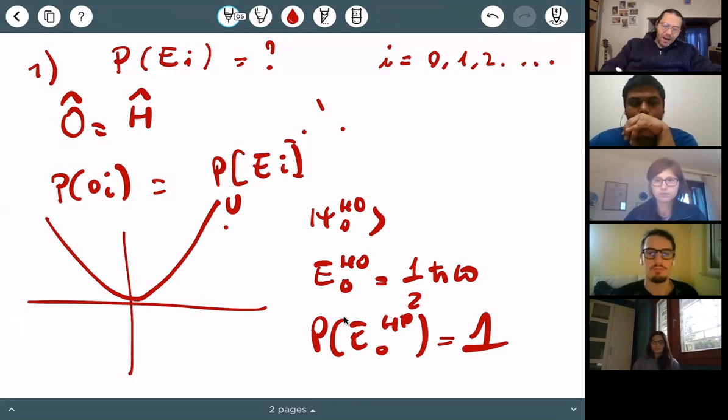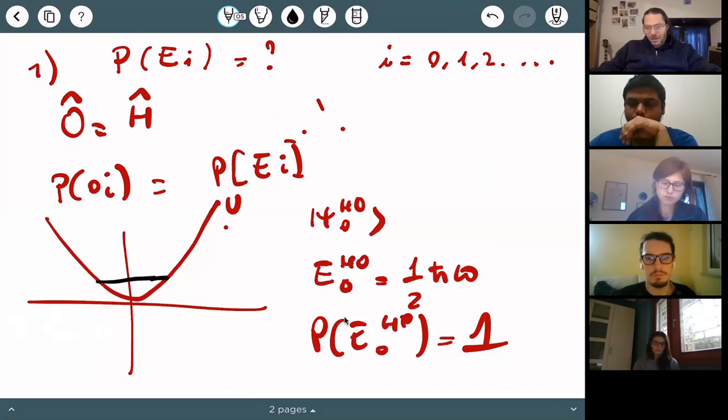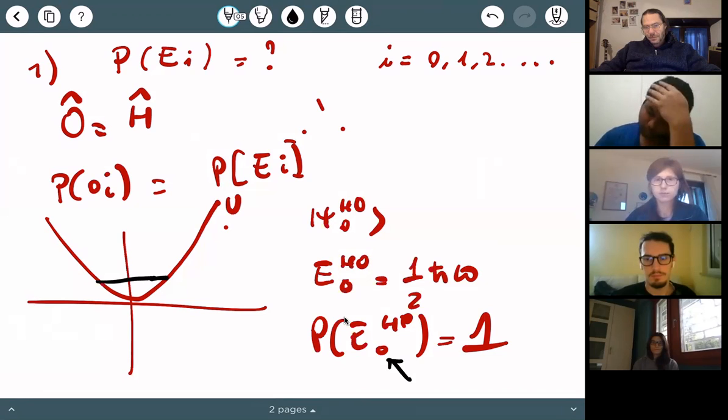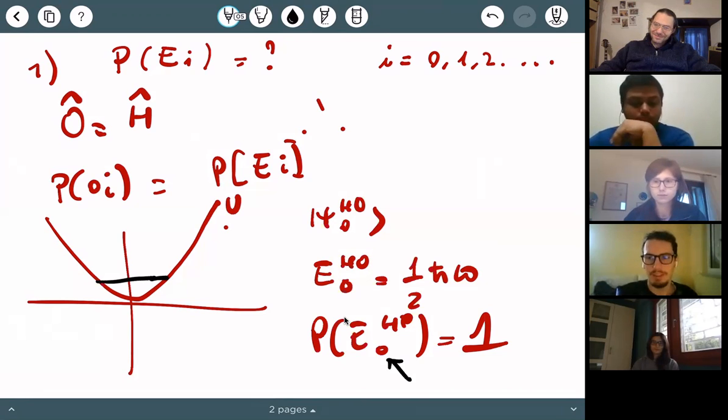Because my system is in the ground state of this Hamiltonian. It's an eigenstate of the operator, so there's no dispersion, there's no stochastic behavior. If I measure the energy, I'm going to get the corresponding eigenvalue all the times I repeat the measurements. So I get the ground state of the Hamiltonian operator with probability 1. Because I know I am in that state, and that is an eigenstate of the Hamiltonian.